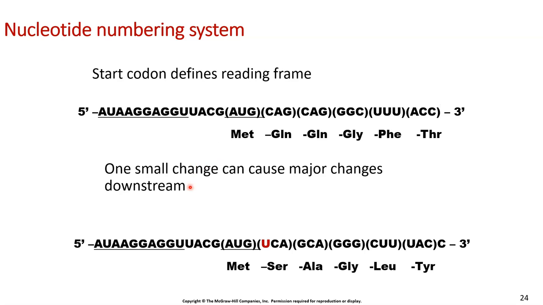This is interesting because it shows that one small change, let's say a mutation somewhere, can really mess this up. If it's a group of 3, and let's say I added a U here, on the bottom there's a U, on the top there's not a U. That shifts everything down, and because they're read in groups of 3, that can change all of the amino acids. That's why mutations can be very bad for us, because they can cause a totally different protein to be made instead of what was originally supposed to be made.